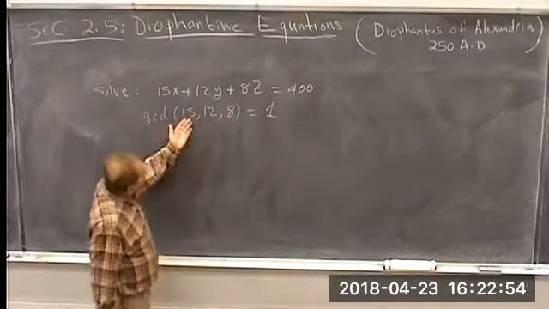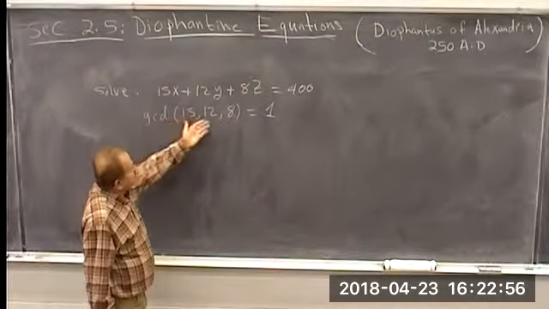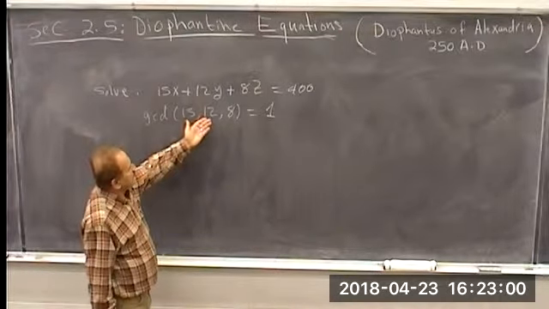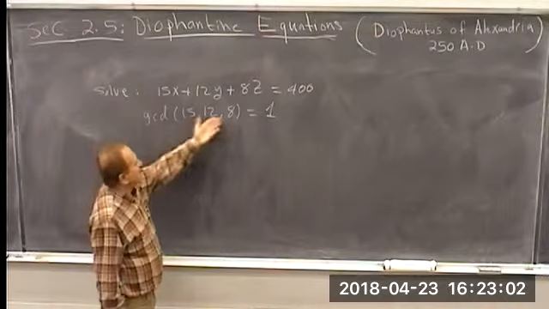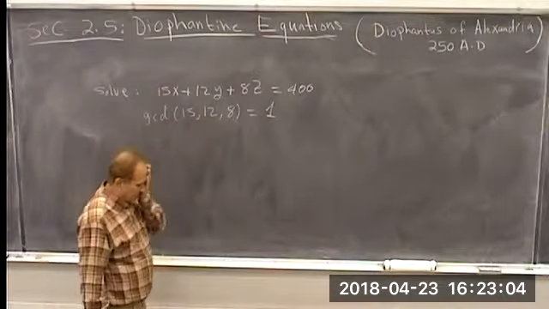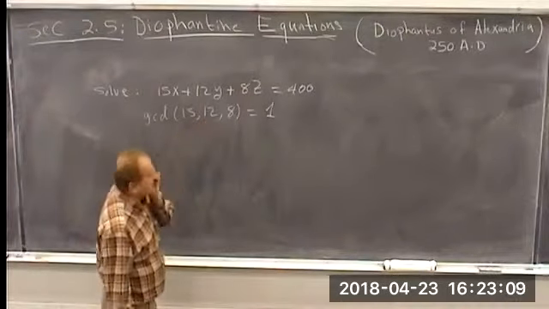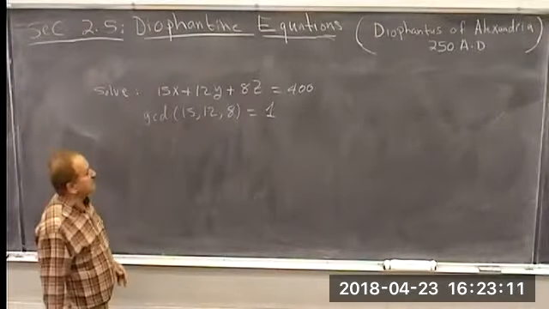The divisors of this are 3 and 5. The divisors of this are 3, 2, 4, and so on and so on. So they don't have a 5, at least in all of those, okay? Or a 3 in the 8. So this is it.